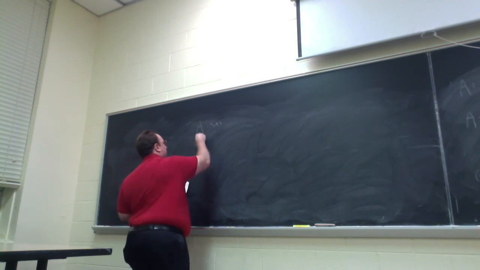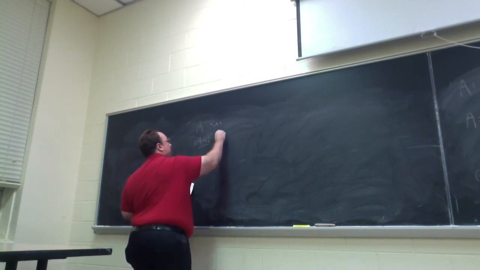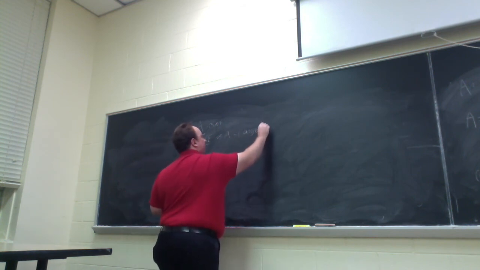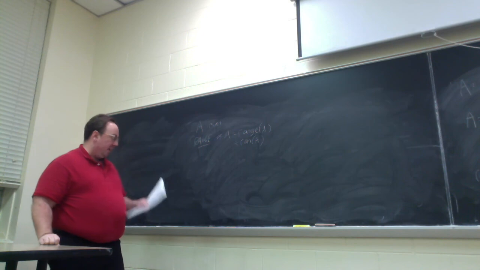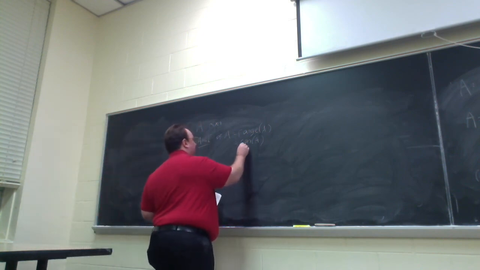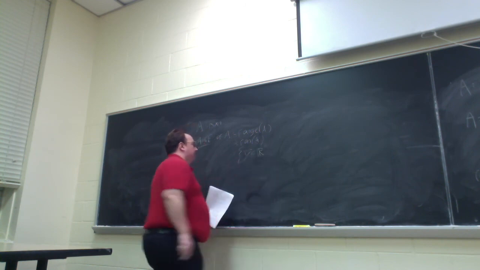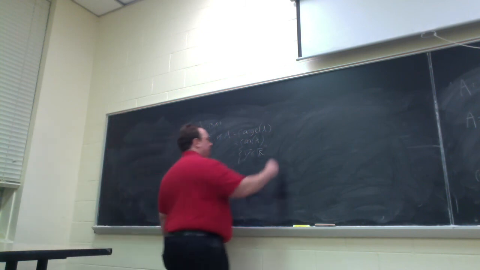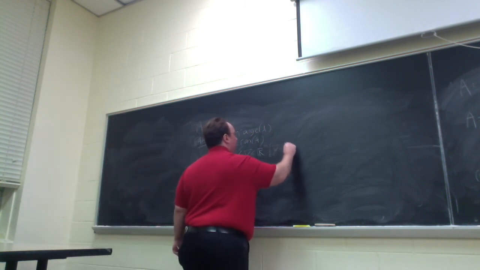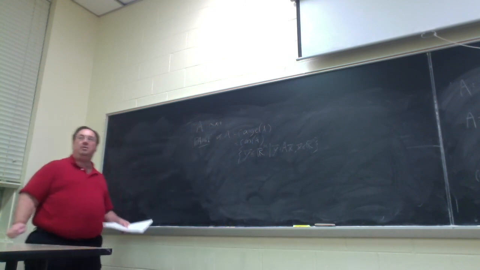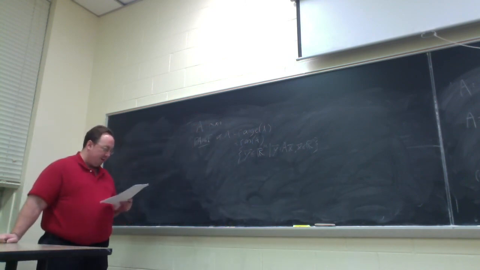The range of A, sometimes abbreviated ran of A, is equal to the set of all vectors in Rm, where m is the number of rows of A, that can be obtained by multiplying A by some vector in Rn. So it's all possible outputs of the linear transformation described by A.